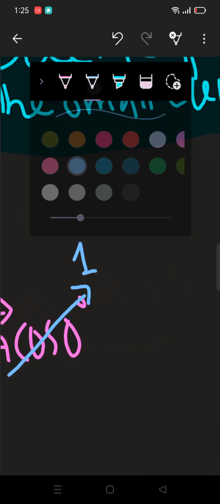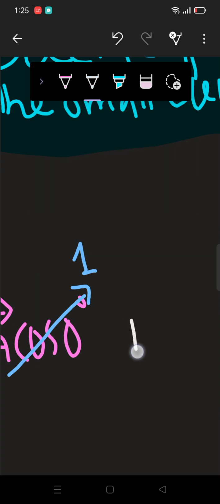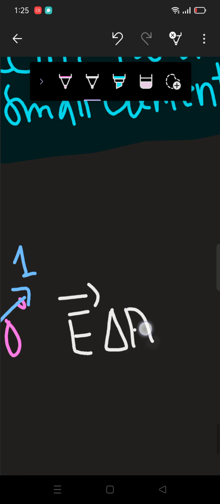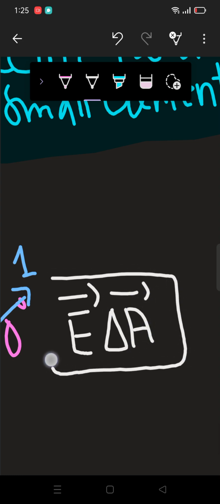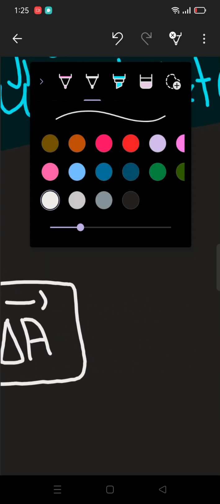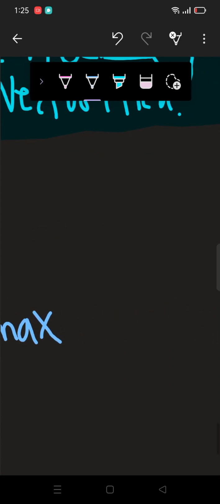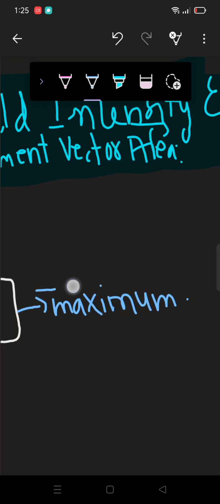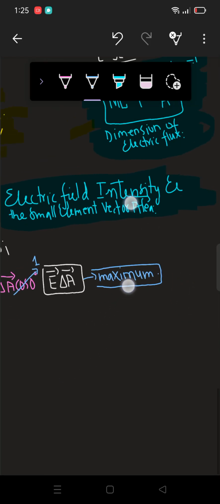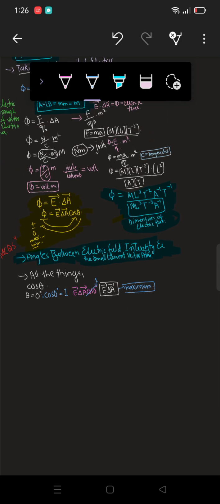So 1 into electric field intensity and the small element of vector area gives electric field intensity times the small element of vector area. So here the flux will be maximum, because cos 0 is equal to 1, and we get the electric flux as a maximum.